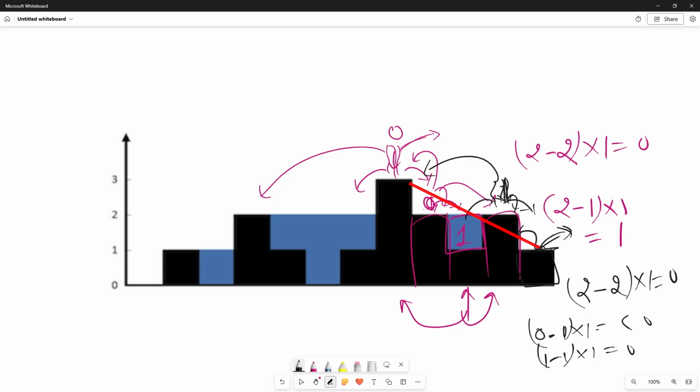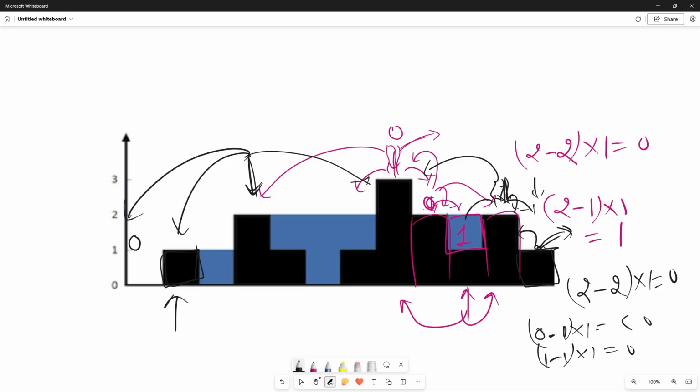So when we were calculating the amount of water that can be stored at this position, the maximum height bar toward the left is this one, and toward the right is this. But for this position we can say that the maximum height bar toward the left is 0 or itself, and the maximum toward the right is this one.